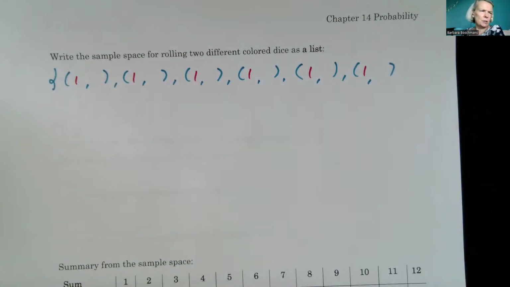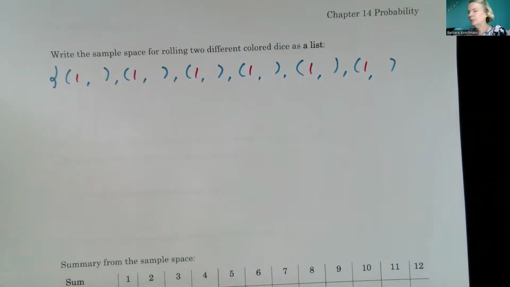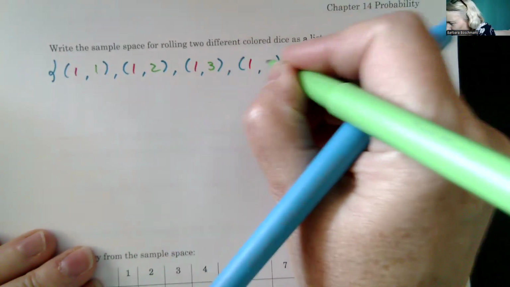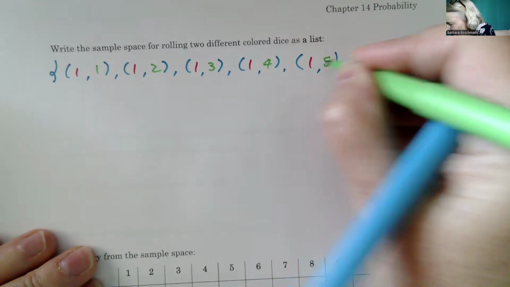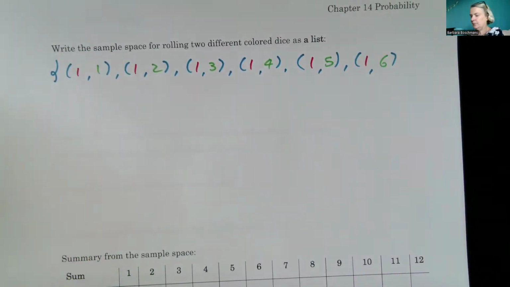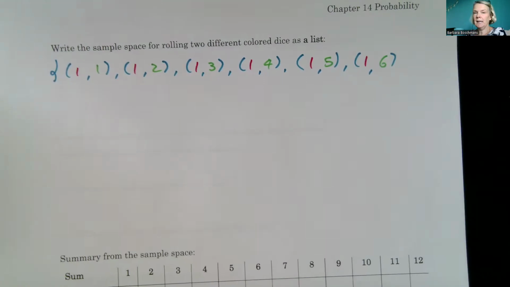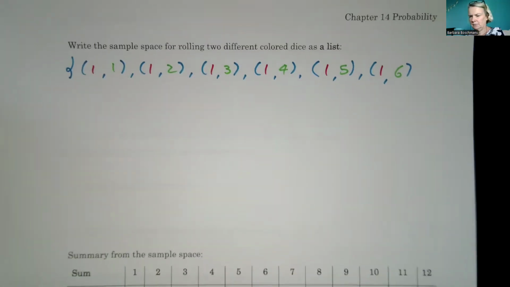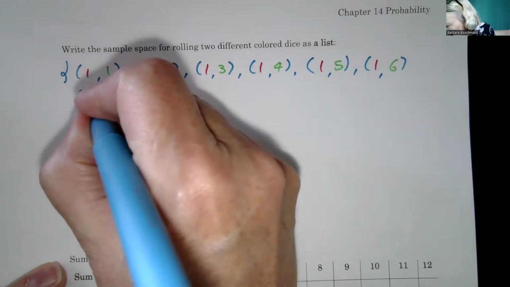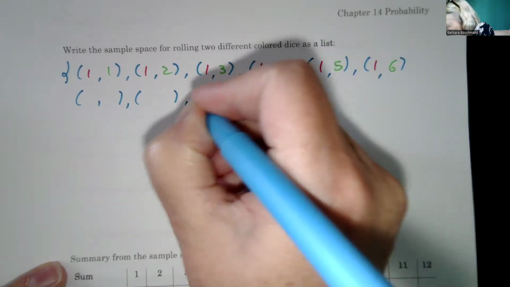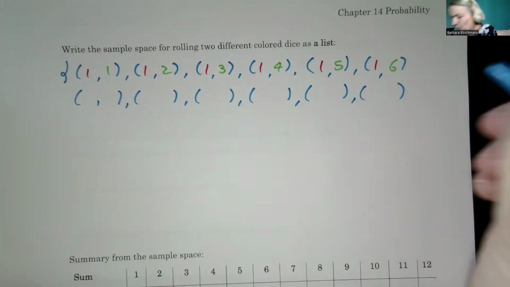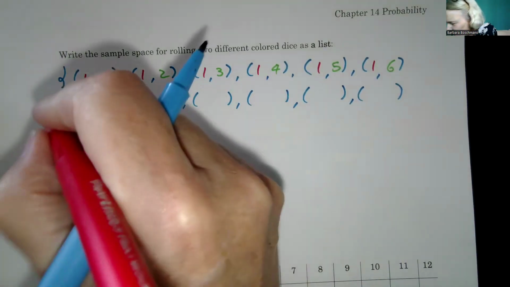Then what's possible on green is I could roll a 1 or a 2 or a 3, 4, 5, or 6. And that is having a 1 on red. So let me do this again. But now we're going to roll a 2 on red.